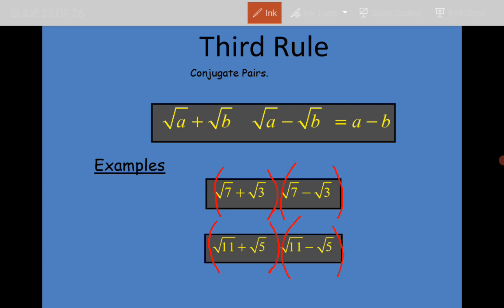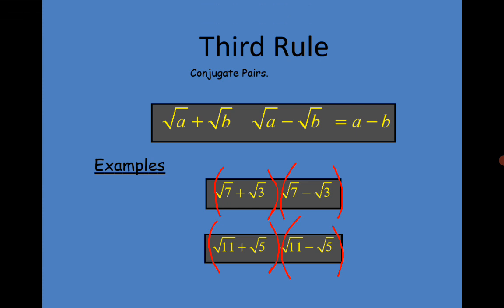So when you multiply root 7 plus root 3 by its conjugate, this is the conjugate of that. We know it's a conjugate because this contains a minus sign and here contains a positive sign. So these two are conjugates. When you multiply these out, you simply remove the roots and simplify.